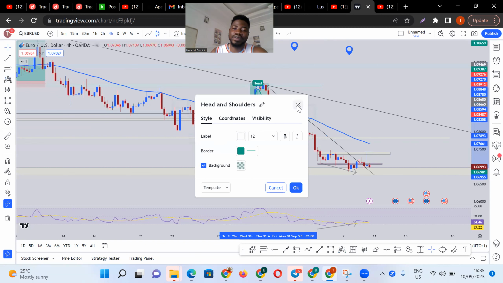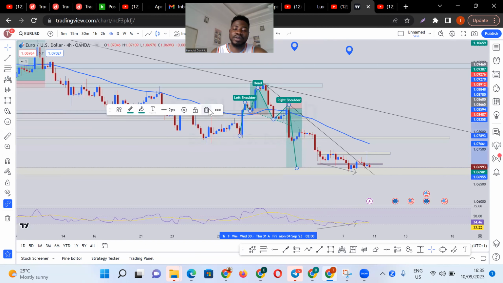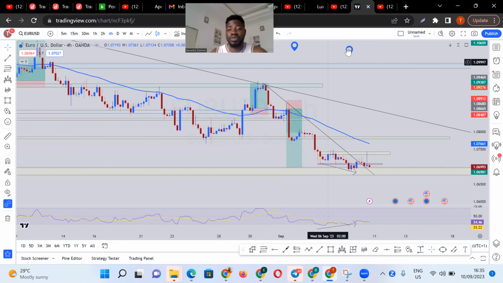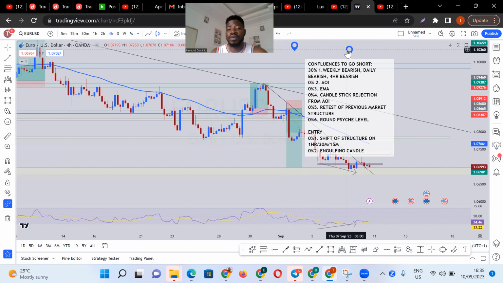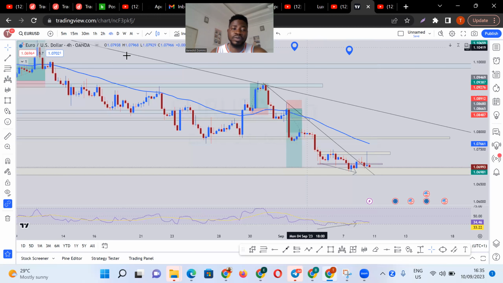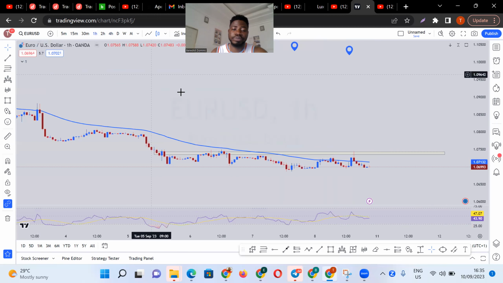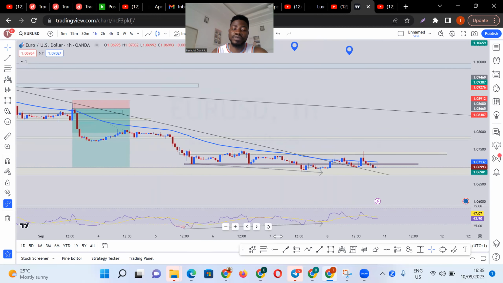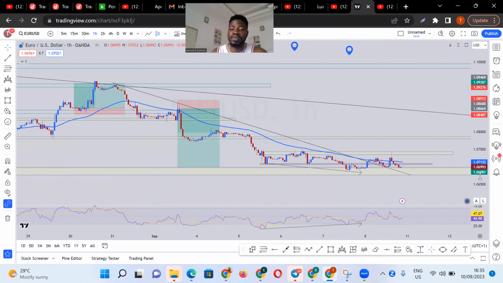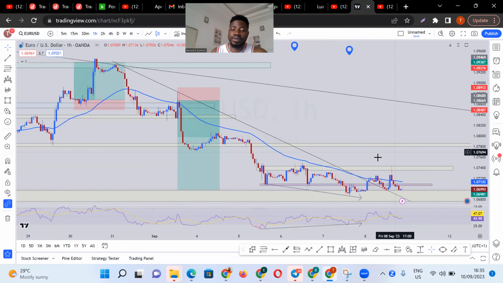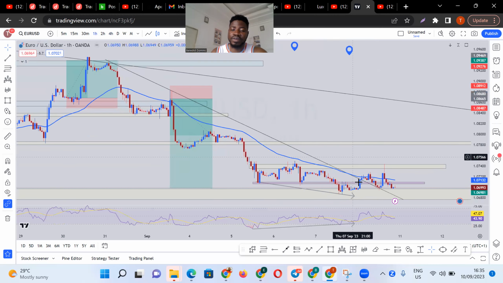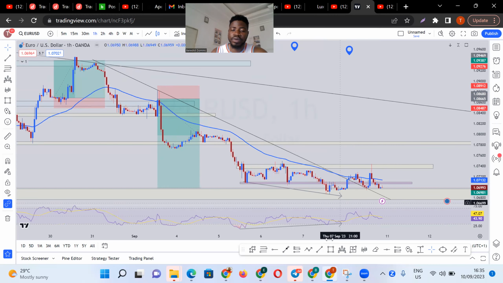But that entry was on lower time frame. So we are all bearish. So even looking to long anything right here, you are looking for trouble. But on my lower time frame strategy, I have a bullish divergence right here, and nothing much has happened.